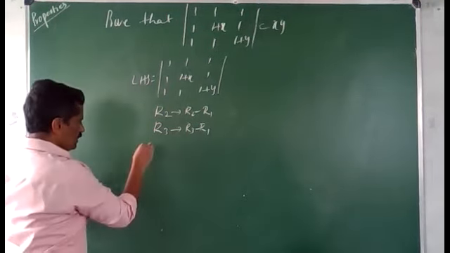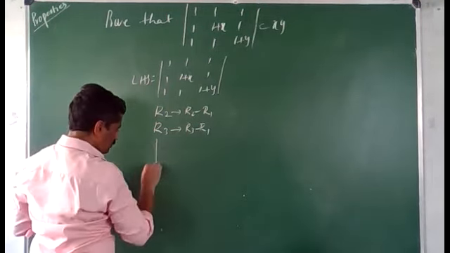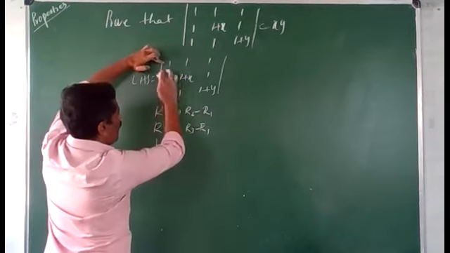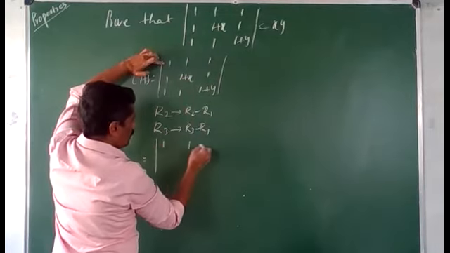Again, that is equal to the determinant of. Write row 1 as it is, that is 1, 1, 1.